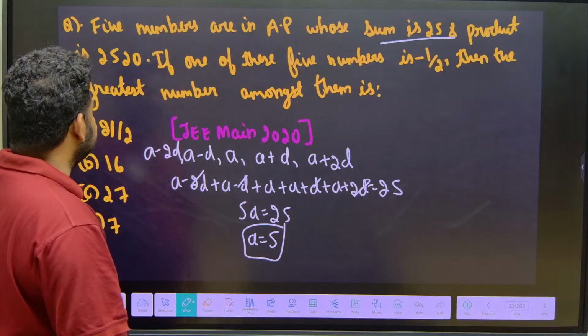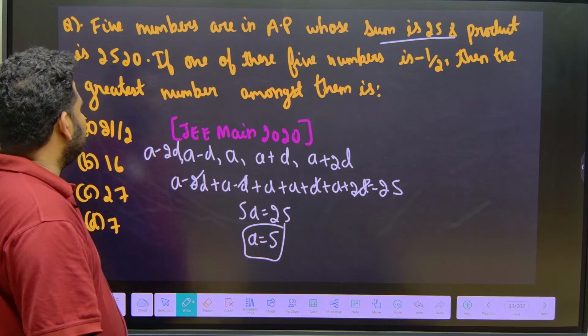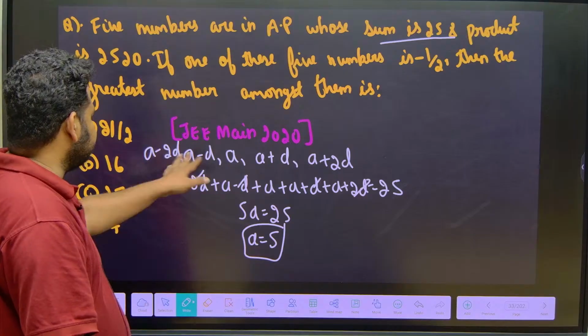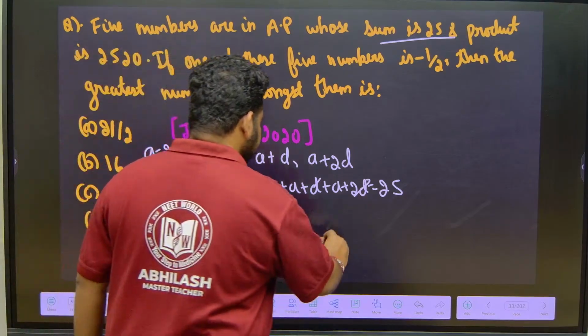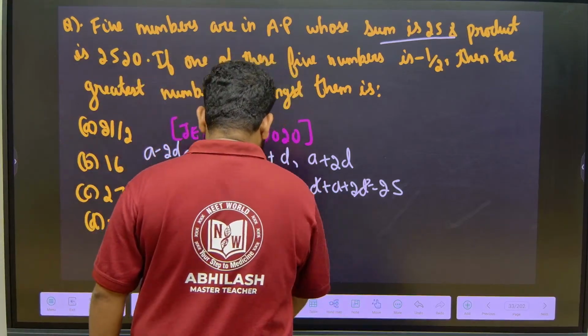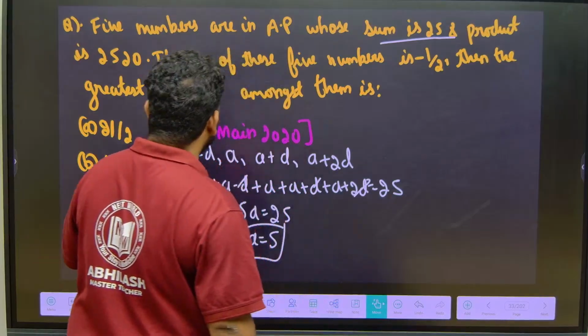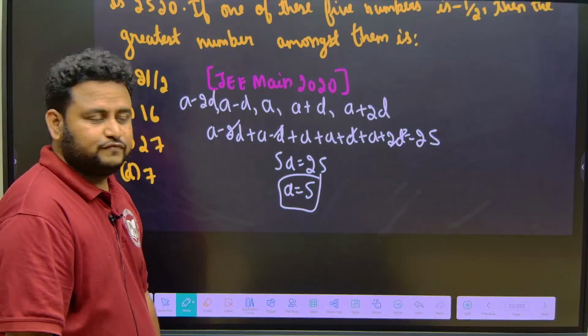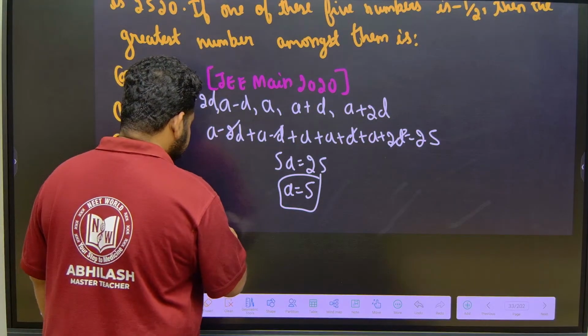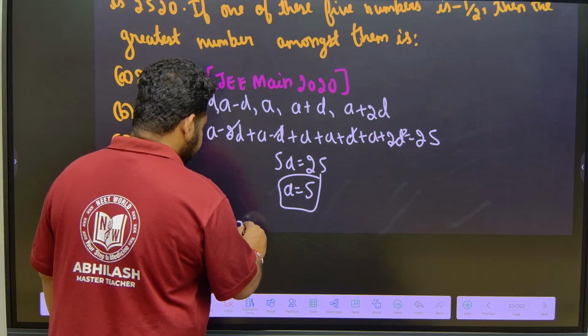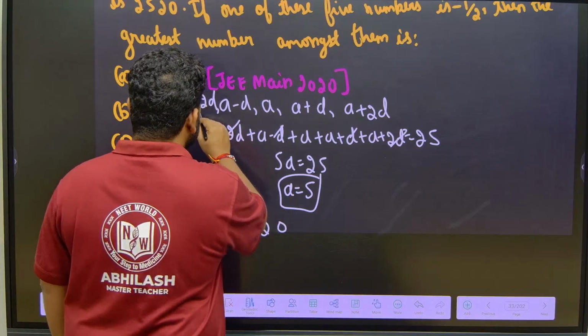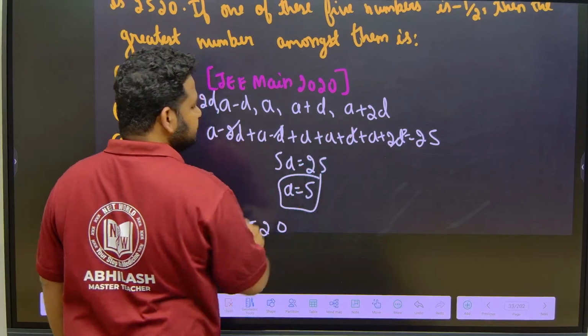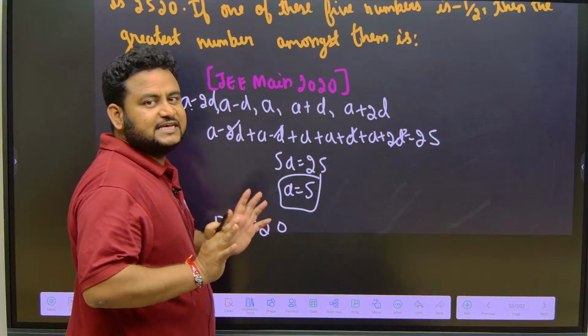And the next thing they are telling is the product is equal to 2520. That means the product of these terms is 2520. So a minus 2d into a plus 2d, that is a plus b into a minus b, is a square minus b square.